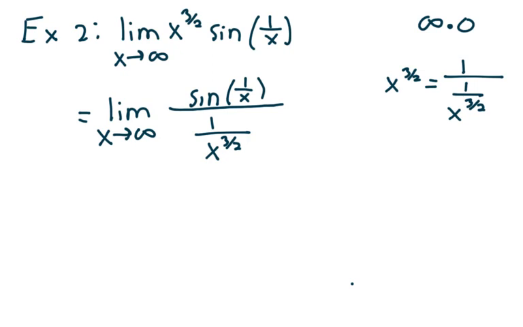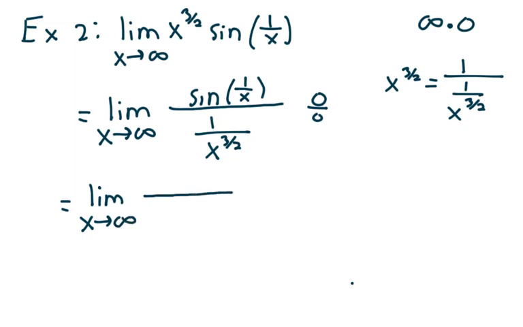Now, this limit is of indeterminate form of type 0 over 0. And so L'Hopital's rule applies. But before I apply L'Hopital's rule, I'm going to take the limit as x goes to infinity, and I'm just going to rewrite this as sine of 1 over x for the numerator, and the denominator is x to the negative 3 halves.